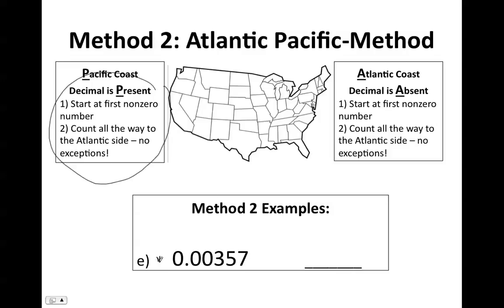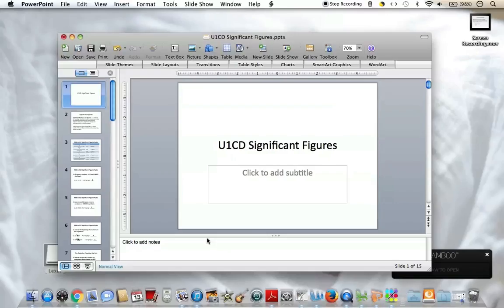I'm going to go to my first non-zero number, skipping over the zeros until I get to the 3, and then count everything over to the right. So this number only has 3 sig figs. You can see how this ties into the rules that we originally learned, where these are all beginning zeros, so we do not count them. All right, so consider whether you're going to go with method 1 or 2, and then we'll discuss and practice tomorrow.